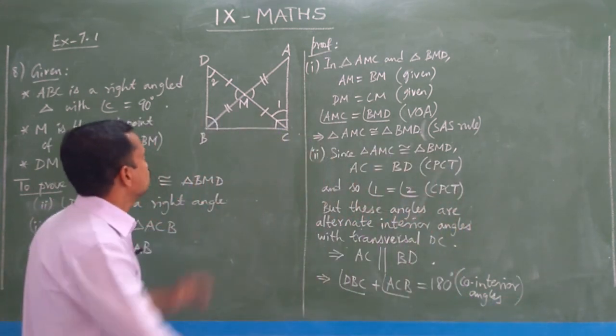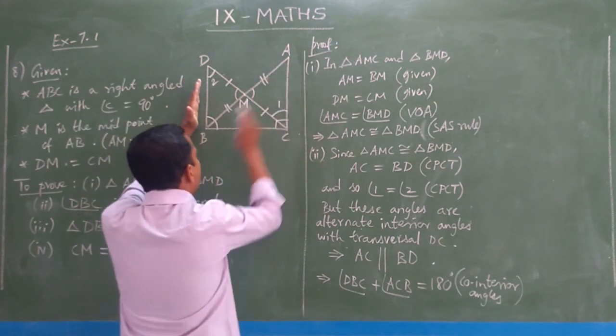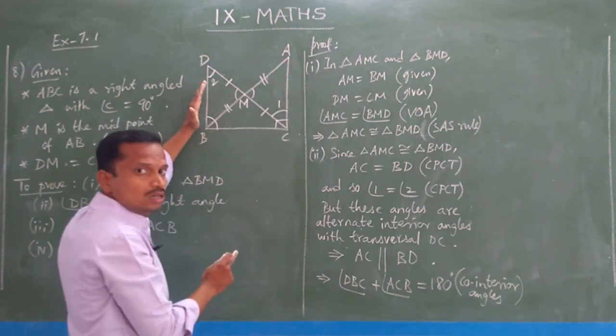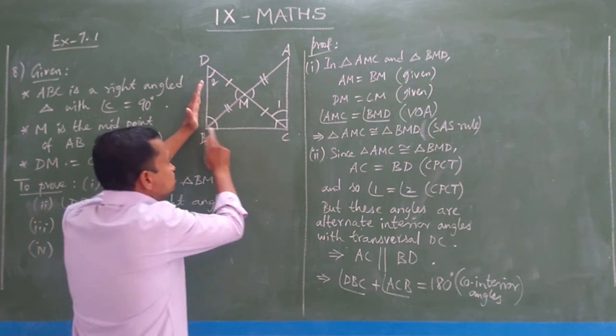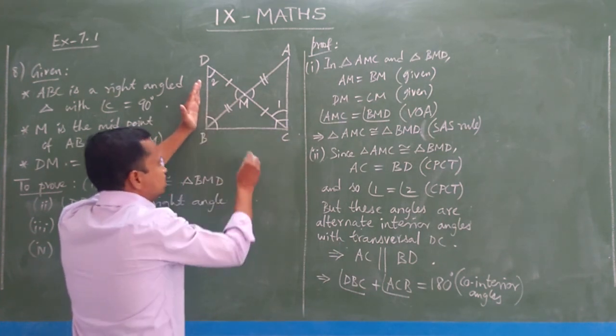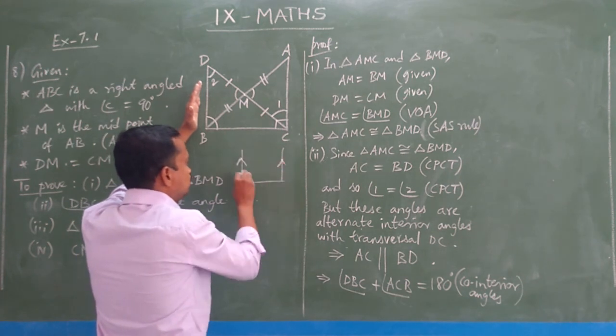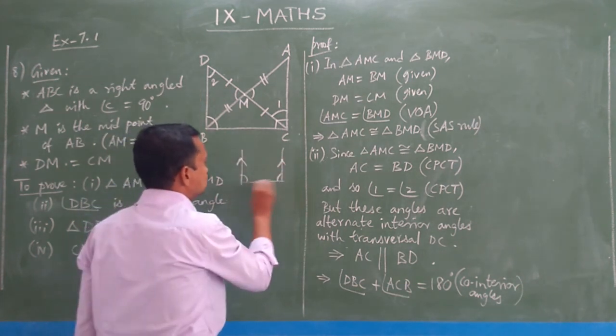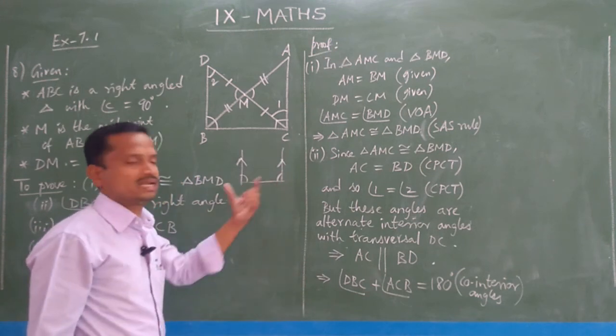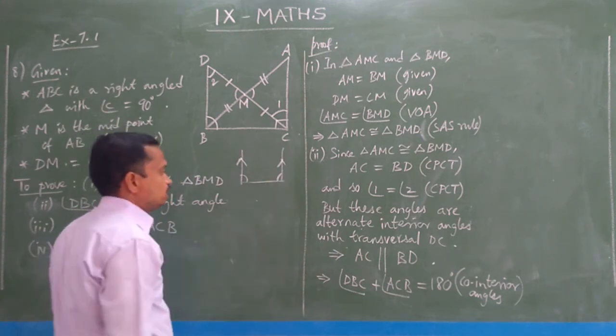Co-interior angles means, if these two lines are parallel and BC is the transversal, then these two angles are co-interior angles. So like that we have to understand.